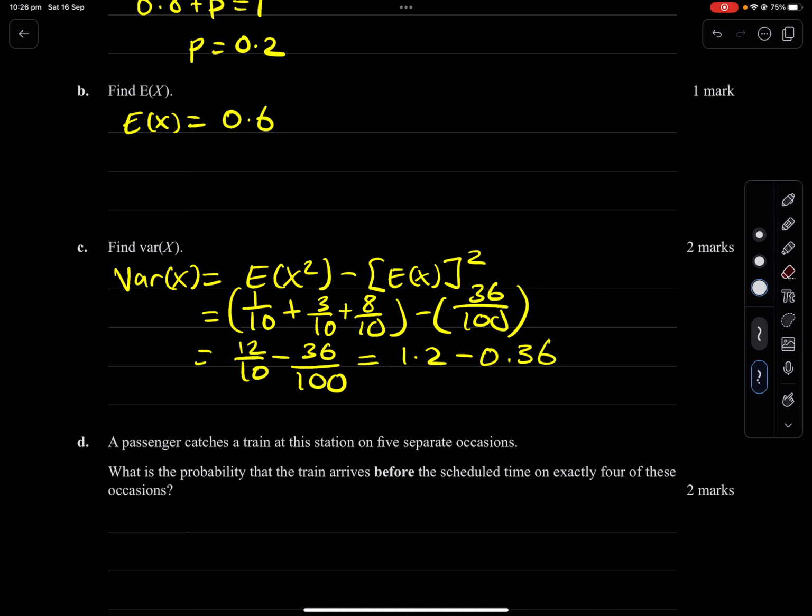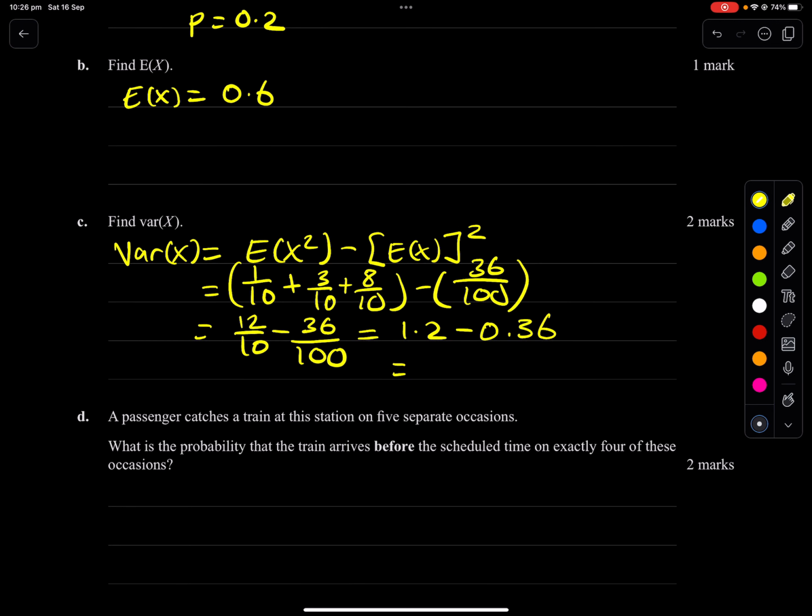And the other one here will be 0.36, yeah. And then that's equal to, if I add 0.64 plus 0.2, 0.84. Is that right? 0.84. Yeah, so 0.84. Hope that's right.